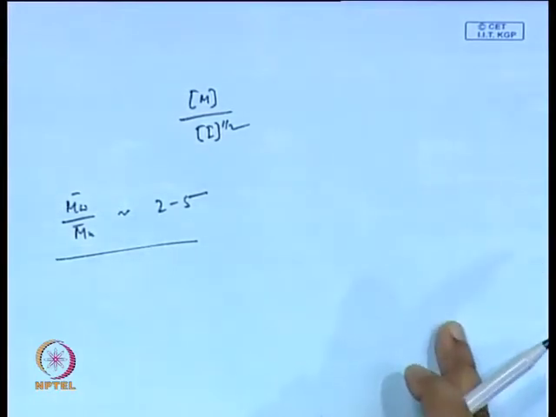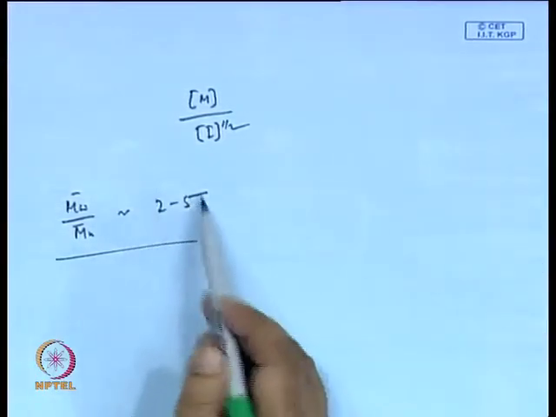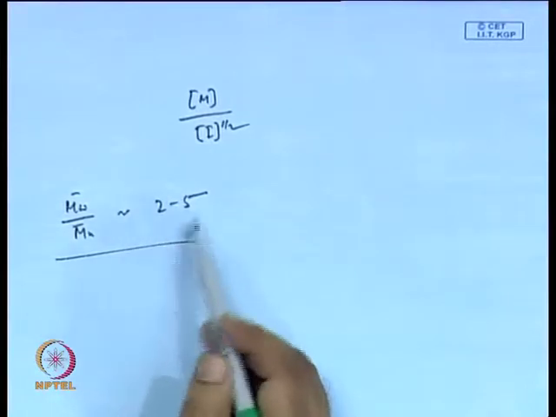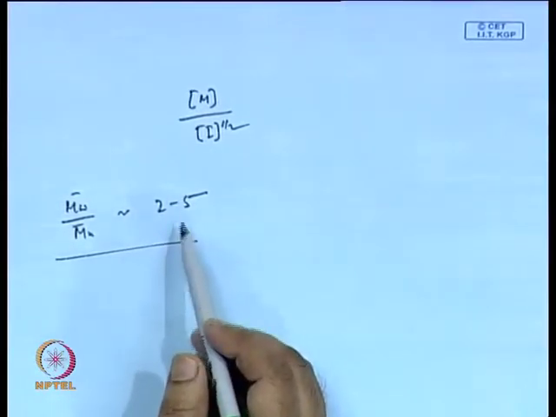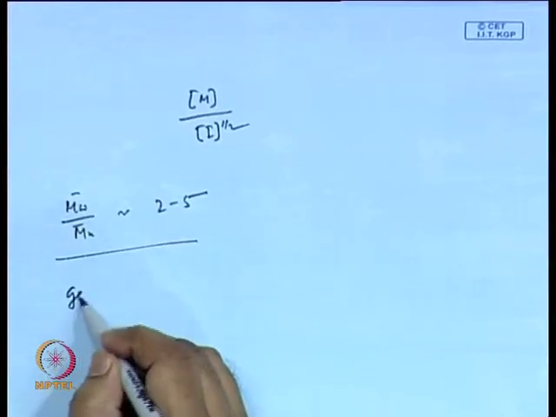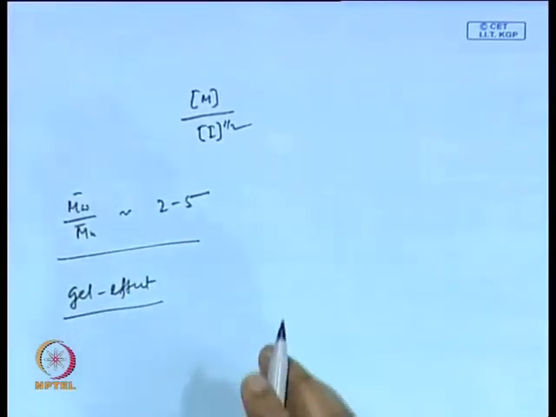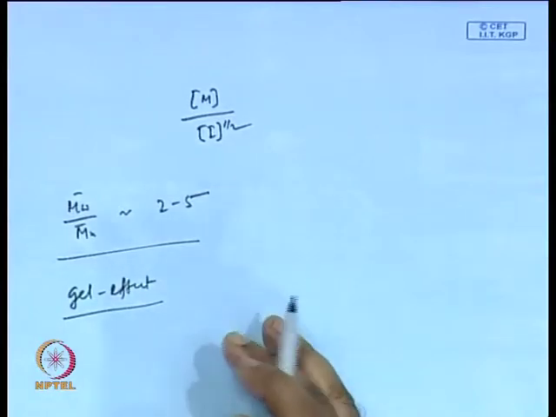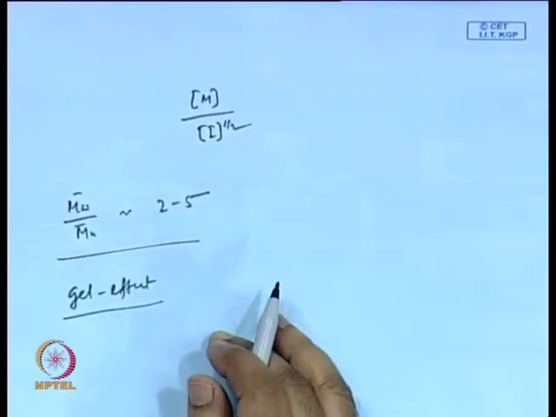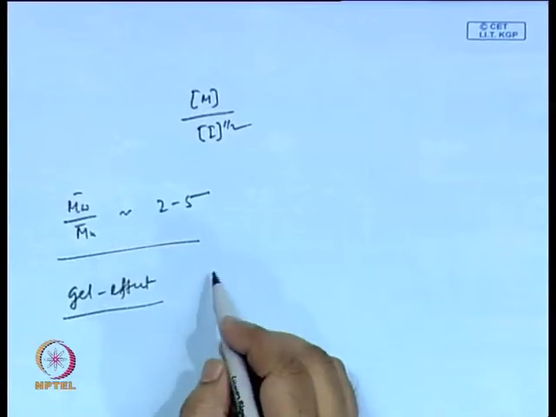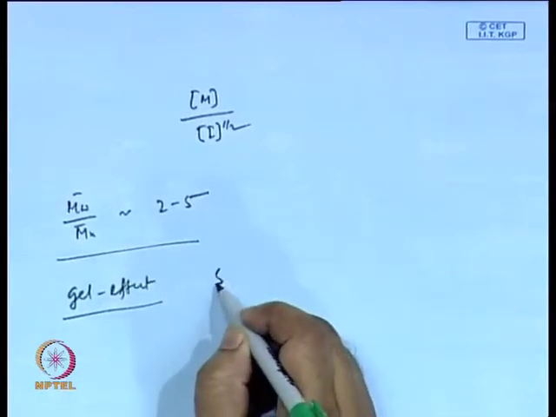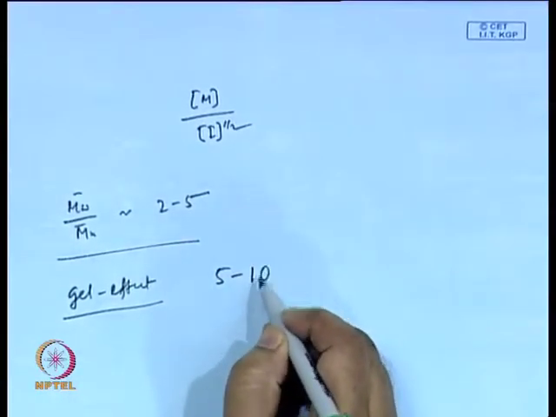Typically the value of PDI comes around 2 to 5, and if there is a gel effect, where molecular weight shoots up at the end because of the reason we talked about in the last class, it could end up with a PDI value of 5 to 10.